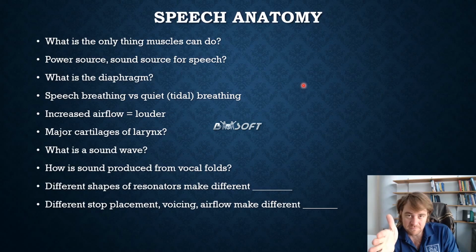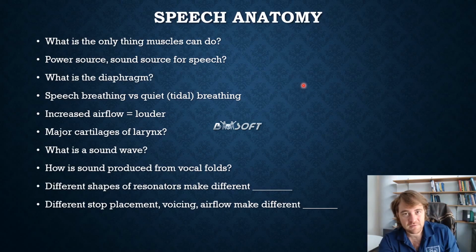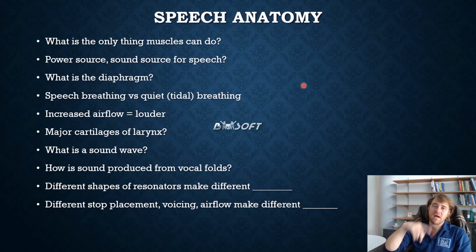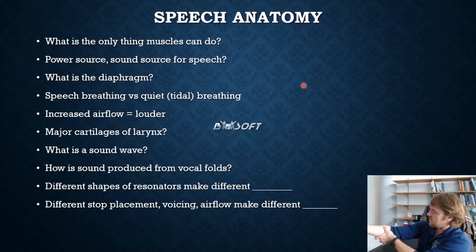If you see a muscle and it's connected between two things, when it contracts, those things are going to get closer together, right? It might take kind of a weird path. So the bicep is attached up here in the shoulder and also down here in the forearm, and it gets shorter and it moves.